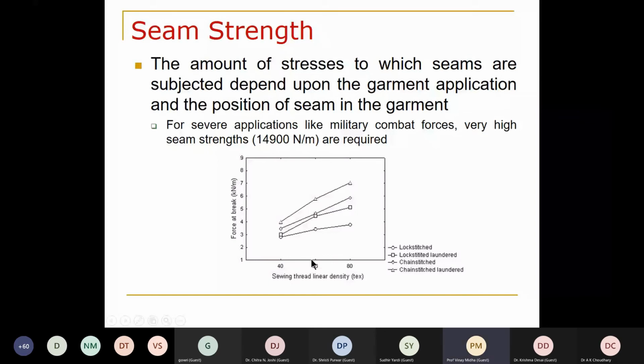Whereas for normal applications, we can have this only in the range of 6,000 to 7,000 newtons per meter. For very high military combat applications, the strengths may go up to this, but otherwise they may range only to 6,000 to 7,000 newtons per meter. And for these applications, accordingly, the sewing thread has to be appropriately selected.